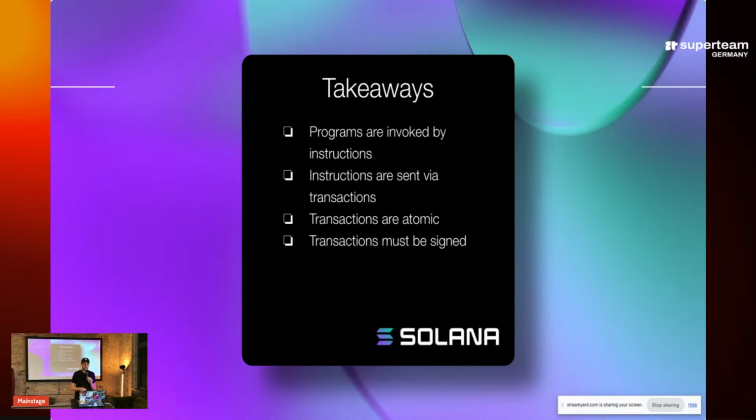Transactions are atomic, which is a really important thing, because imagine you have several steps. So I send you money, and then you send me some other NFT back as an exchange or something like that. And this should all be in one instruction message. And if at some point something fails, you don't want me to send you money and then I don't receive whatever we just discussed.